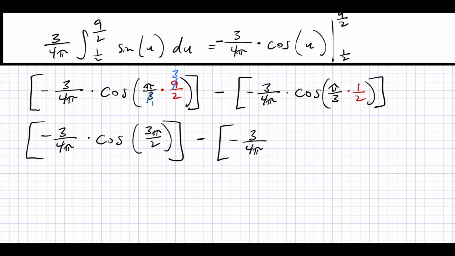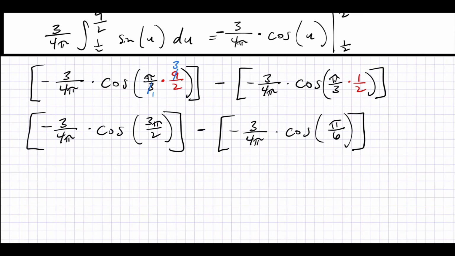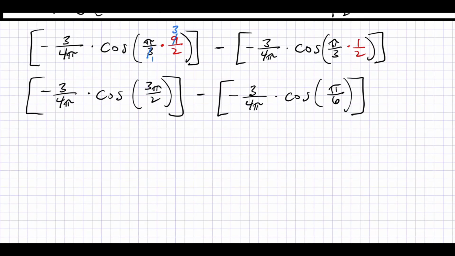I don't think I can simplify that one, so it just multiplies straight across and you'll get pi over 6. So for 3 pi over 2, I have to go find cosine of 3 pi over 2. What is cosine of 3 pi over 2?